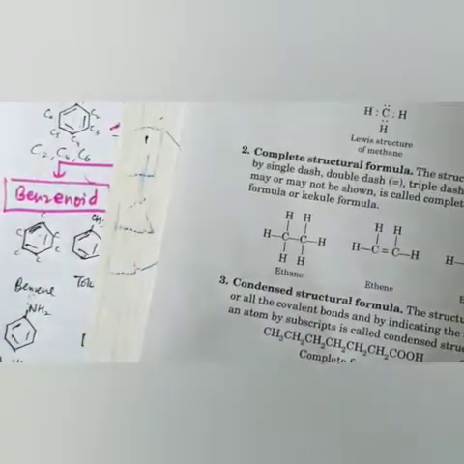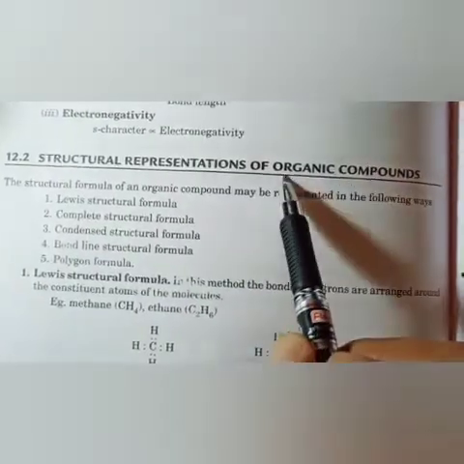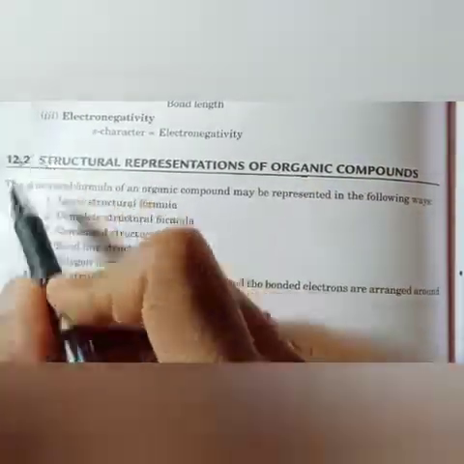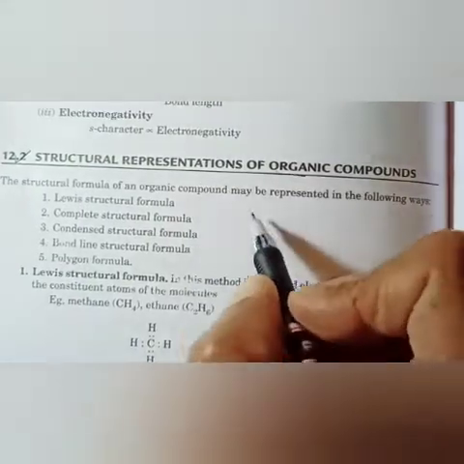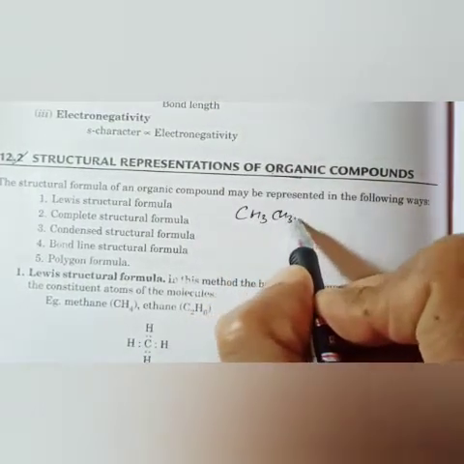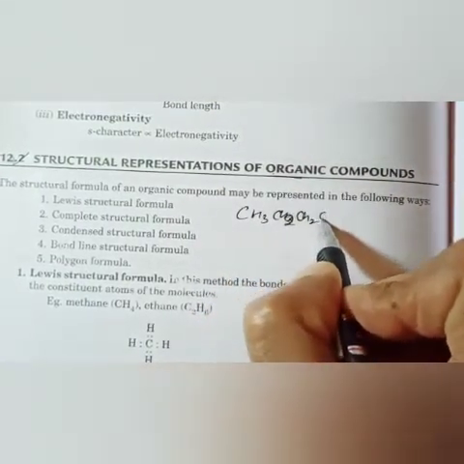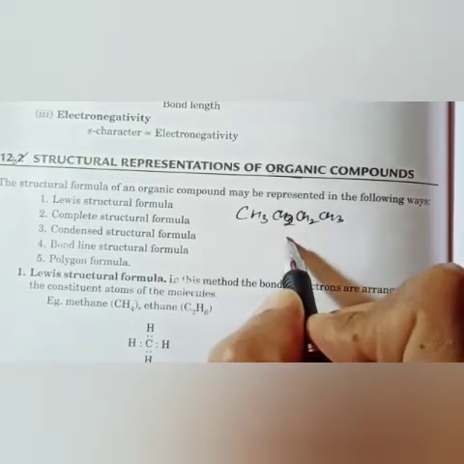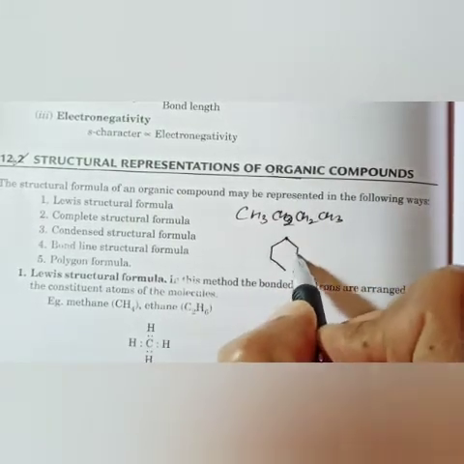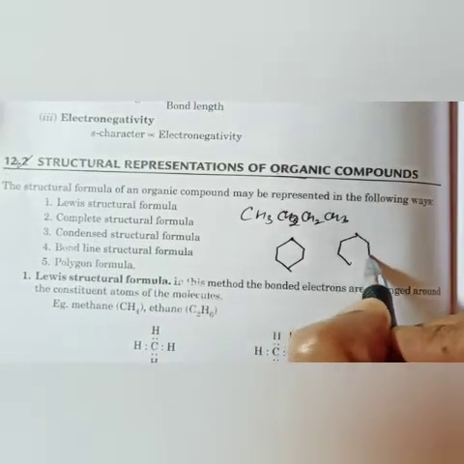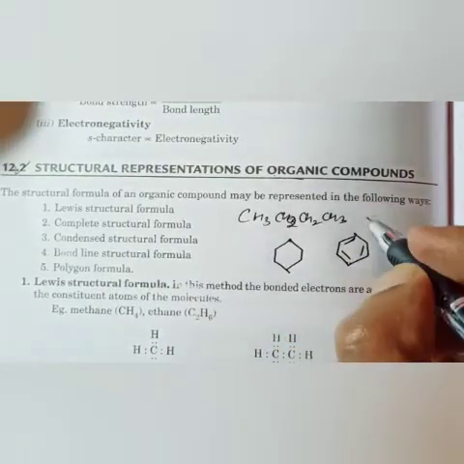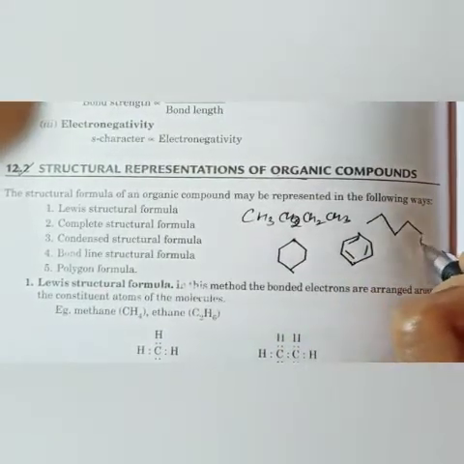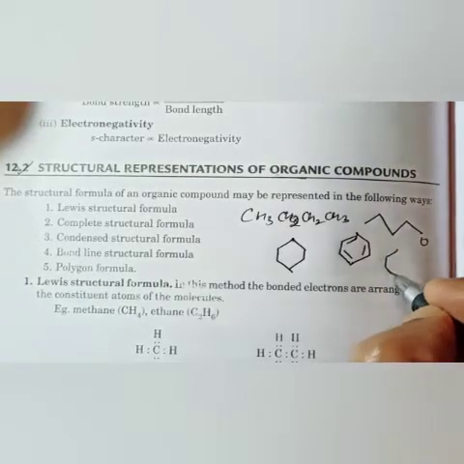With this, a small topic is there, that is the structural representation of organic compounds. It means that all organic compounds can be represented in different ways. You can see that somewhere we are writing this way, somewhere like this, and somewhere like this.